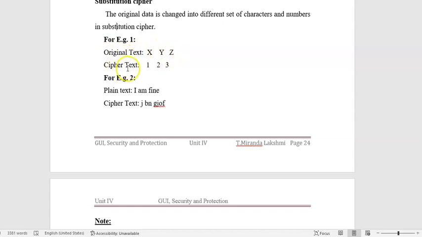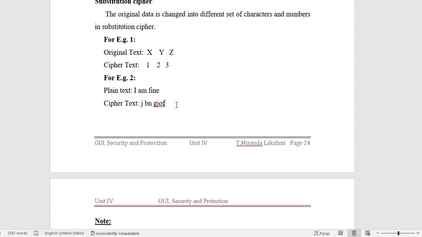Here your cipher text is changed to 1, 2 and 3. Similarly, example 2: here I have given "I am fine". Instead of I, I have given J, the next letter. Instead of A, I have given the next letter B. Instead of M, N. Instead of F, it is G, for I it is J, for N it is O, and for E it is F. So this is called substitution.